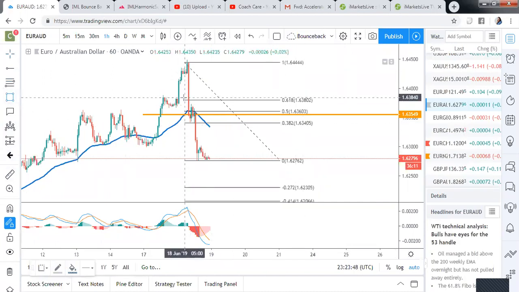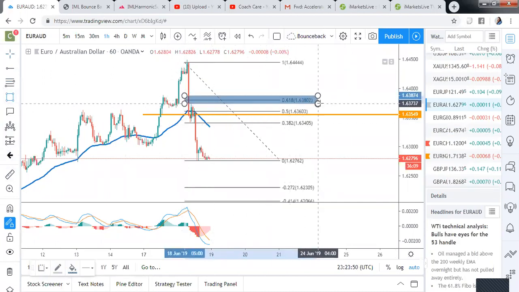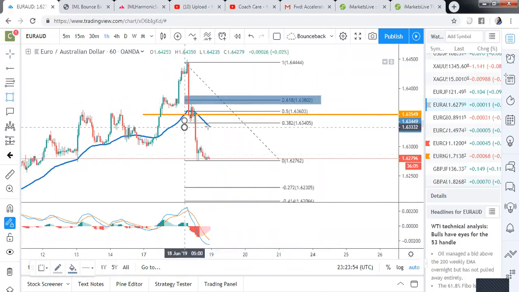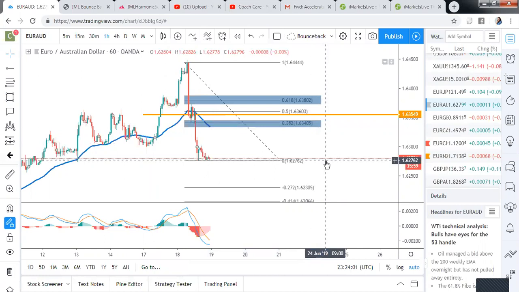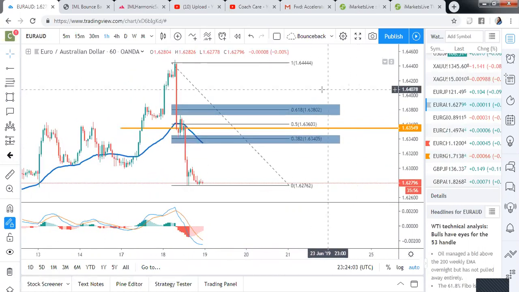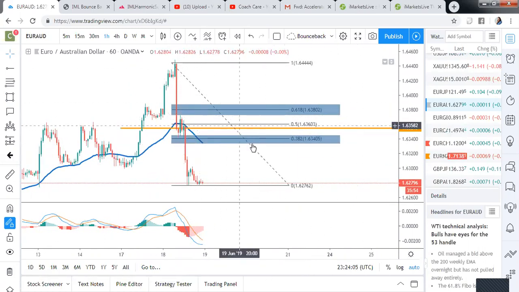We can have price coming back up to the 61.8 level, or we could have price just staying around the 38.2 level before we get that continuation to the downside. So this is the potential here between these two.